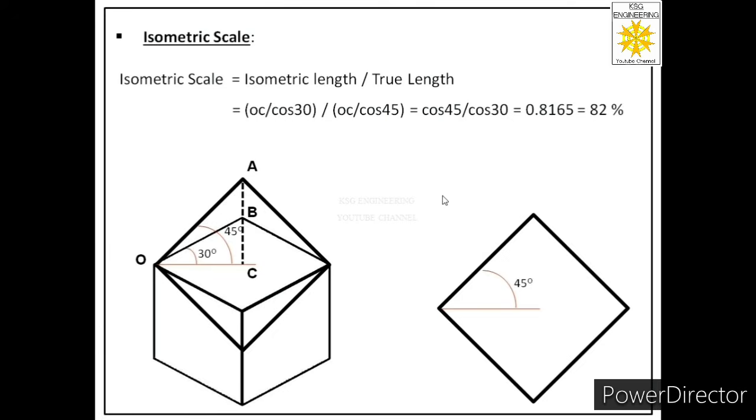So whatever original dimensions will be there in that object, we have to first reduce those dimensions to 82%, and only then we can use those dimensions for isometric projection of the object. So in that case, isometric scale helps us to find isometric lengths.